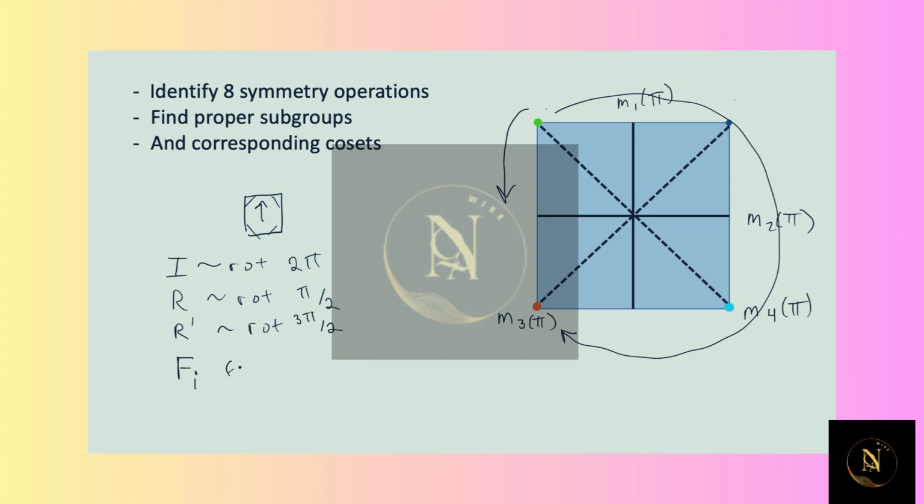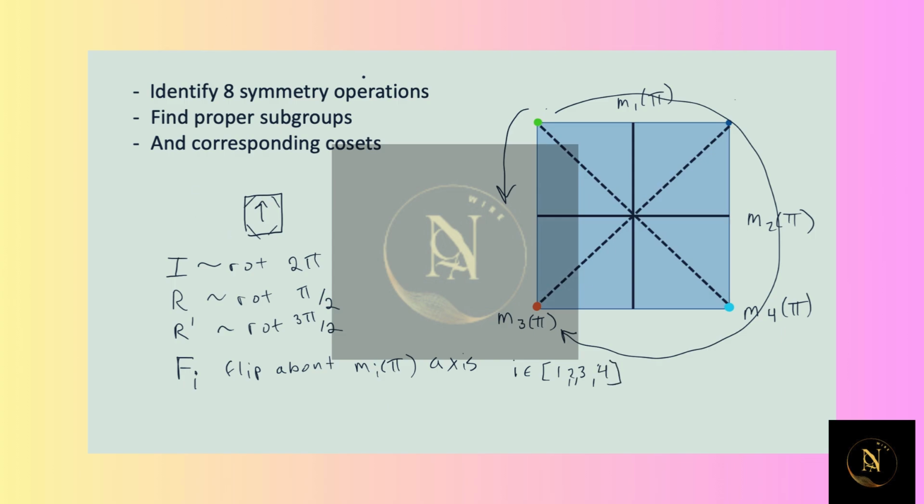So that's a flip about the i-th axis, where i is between 1 and 4.